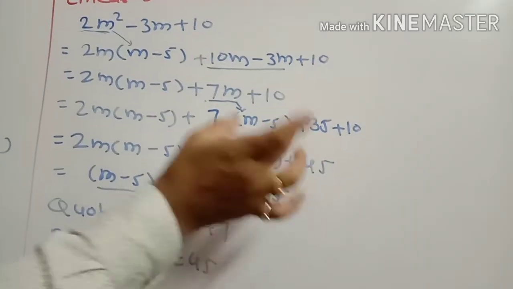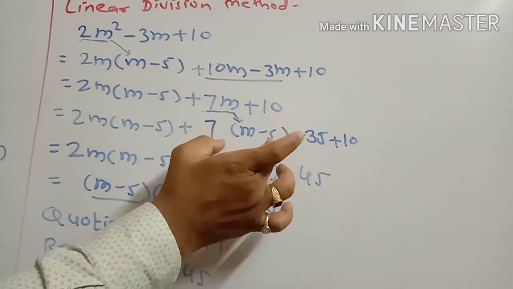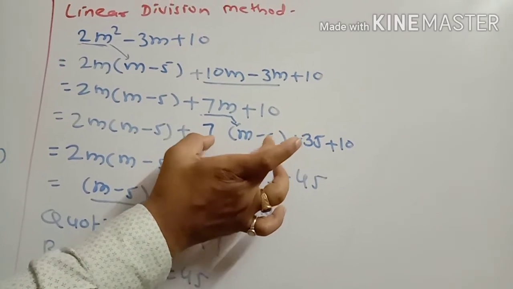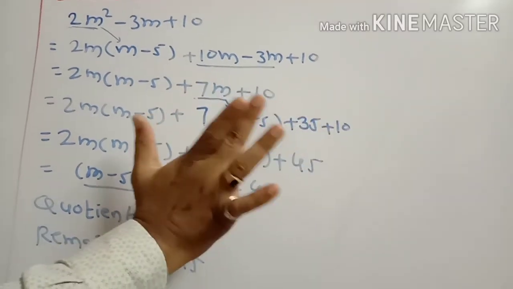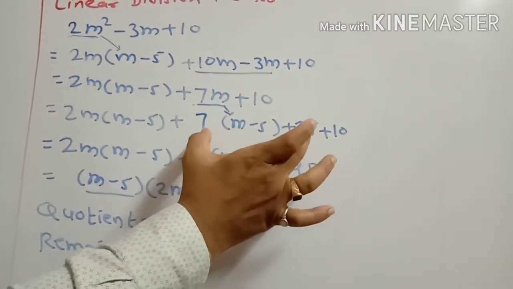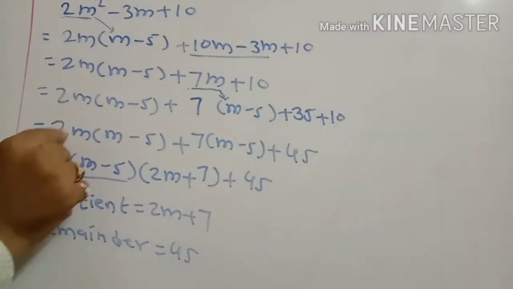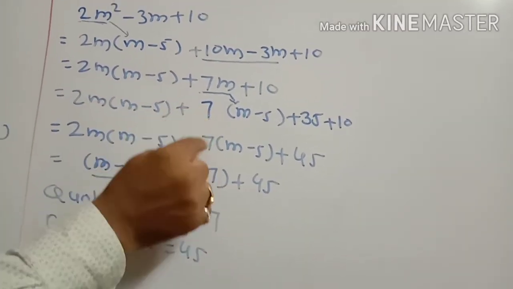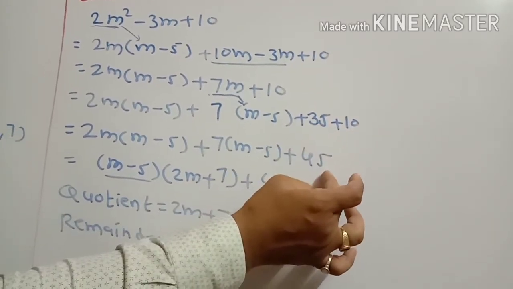Then m minus 5, then 7 into m, this 7m. Then 7 into minus 5, minus 35. Then write the opposite of minus 35, that is plus 35, to cancel the variable's value. My plus 35, then write the next term 10. 2m into bracket m minus 5 plus 7 into bracket m minus 5, 35 plus 10, 45.